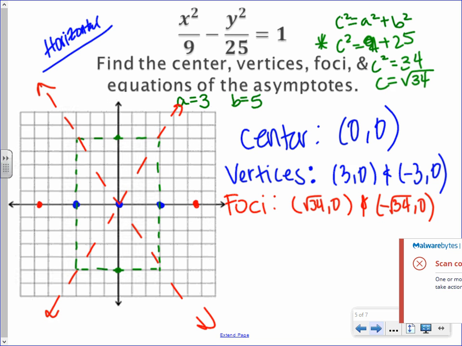And just so we can complete the graph, asymptotes give us our shape, so you need to draw your hyperbola approaching those asymptotes.